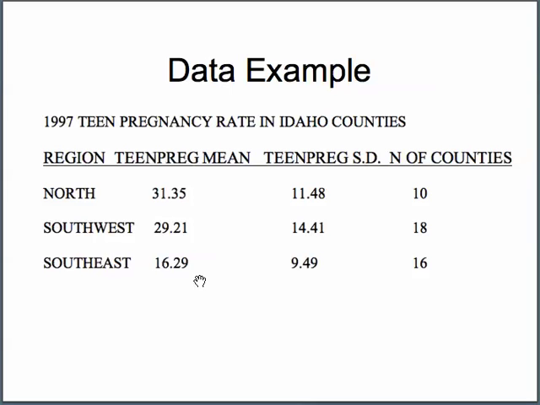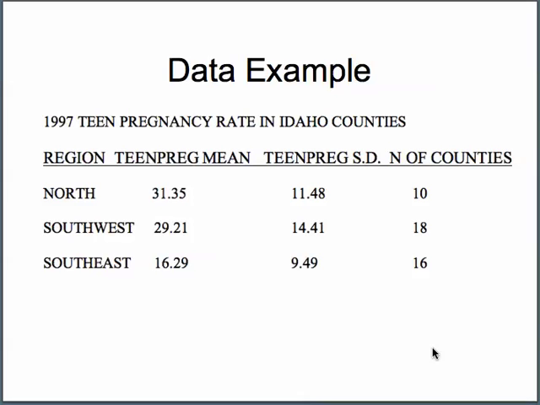We have in front of us the mean value for the teen pregnancy rate in the North region, the Southwest region, and the Southeast region. The rate is per 1,000 teen females. It looks like the rate is substantially higher in the North and the Southwest than in the Southeast. But we can only know if it is a statistically significant difference when we calculate the formula.